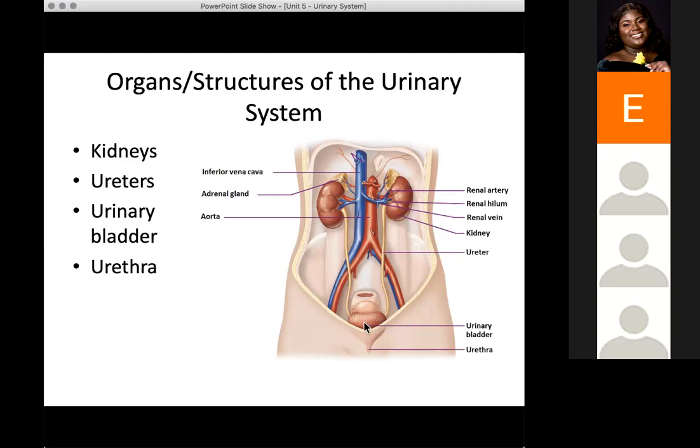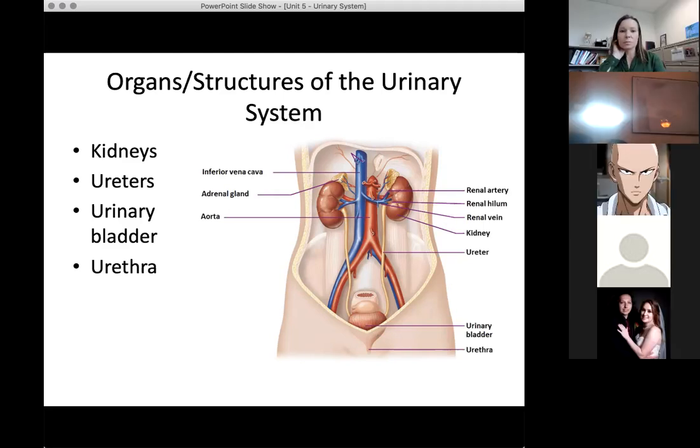So that is the next structure. The urinary bladder is simply a storage area for urine. And then finally, the urethra, which you can't really see too well down here, but it's a shorter, single tube that carries urine from the bladder to the outside of the body.